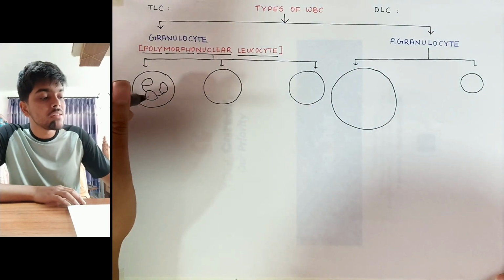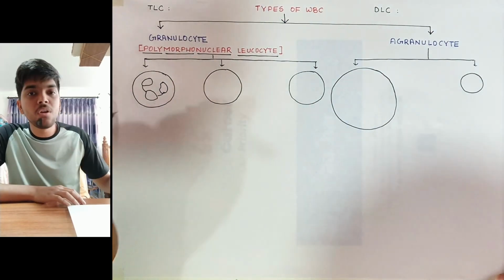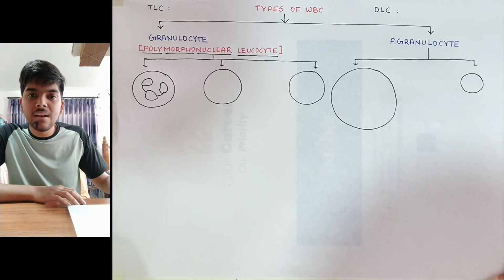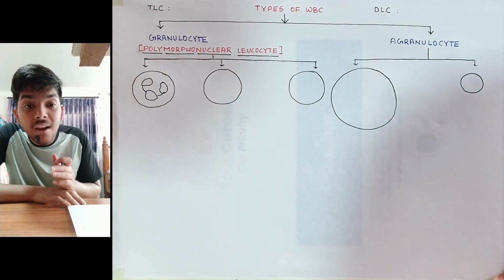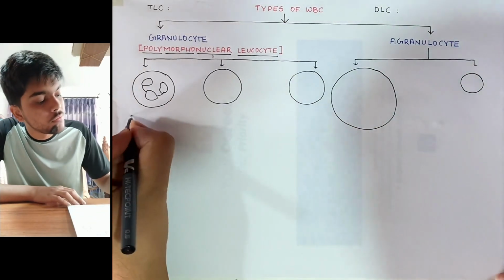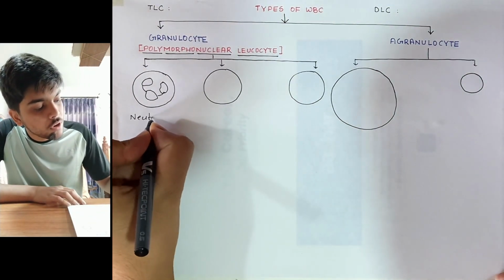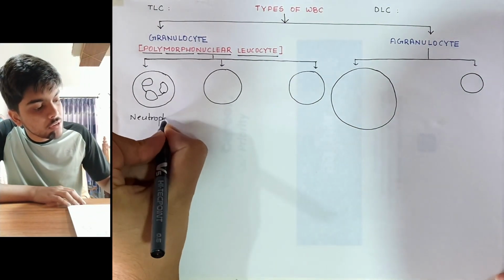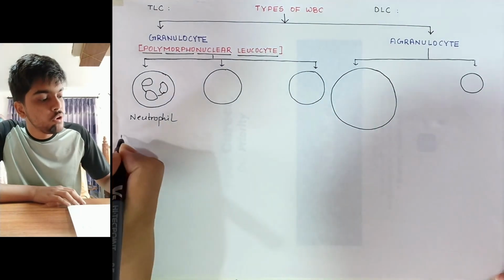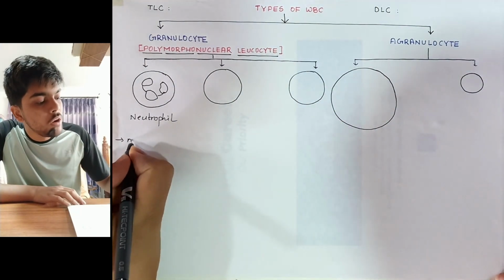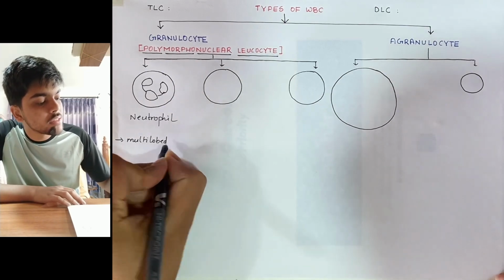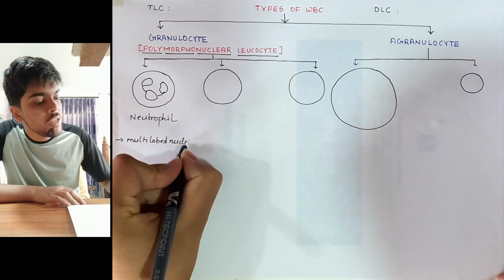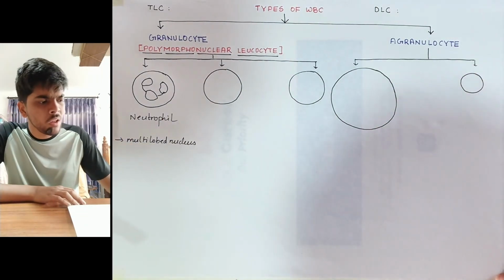Since the nucleus is multi-lobed, this particular WBC can be identified as being which granulocyte? Neutrophil. This particular granulocyte is neutrophil. So neutrophil, they have multi-lobed nucleus or nucleus having multiple lobes.